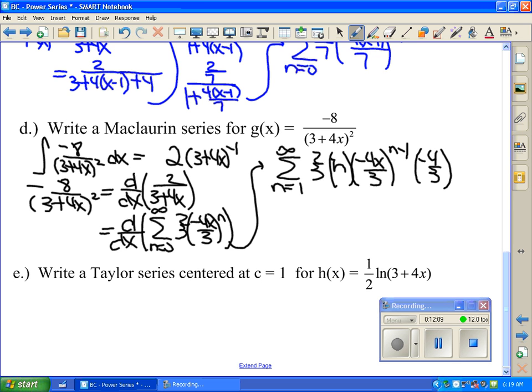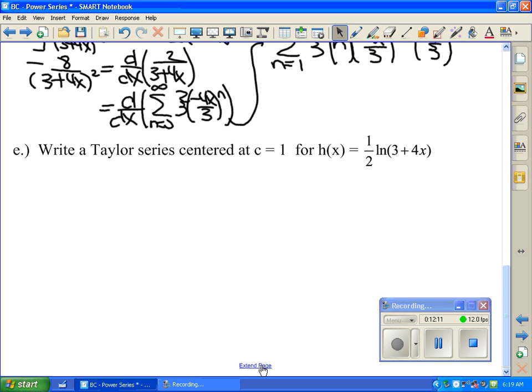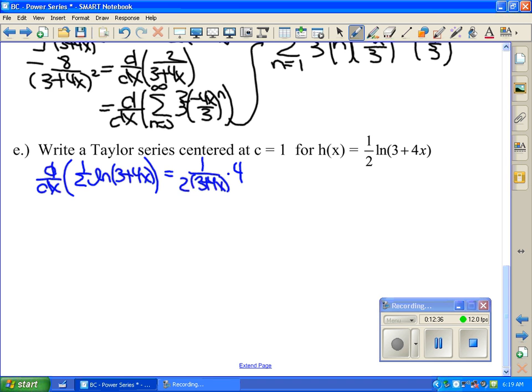Okay, now let's look at it the other way. H of x equals 1/2 natural log of 3 plus 4x. This time, instead of taking the integral, I'm going to look at the derivative, because you should remember that the derivative of ln is 1 over something. So the derivative of 1/2 ln of (3 plus 4x) would equal 1 over 2 quantity (3 plus 4x) times 4 because of chain rule, and lo and behold, that simplifies to 2 over 3 plus 4x, which is the example that I've been working on.